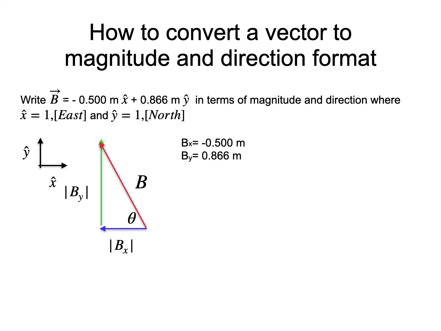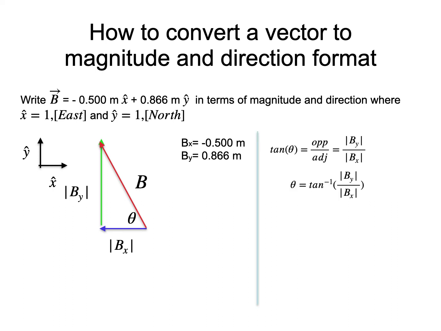Since what is given are the opposite and adjacent sides, we will use tangent theta to evaluate theta. Isolating for theta gives this, and substituting the numerical values for the components gives an angle of 60 degrees.